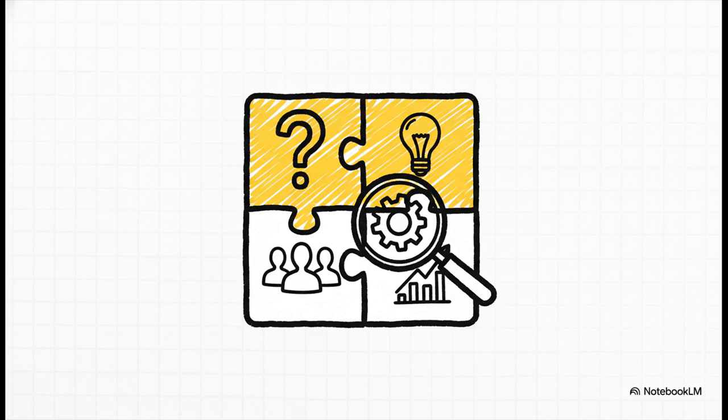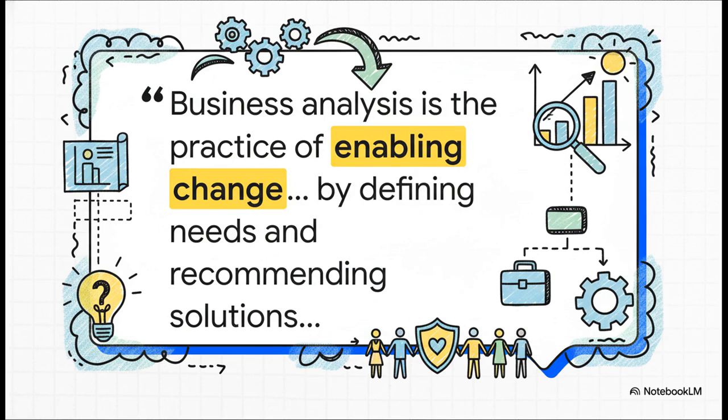See how those building blocks just snap right together? And here you have it, the formal definition right from the official guide, the Business Analysis Body of Knowledge. The practice of enabling change by defining needs, recommending solutions that deliver value to stakeholders. See, every single one of our core concepts is right there in the definition. This is the what and the why of the whole profession.